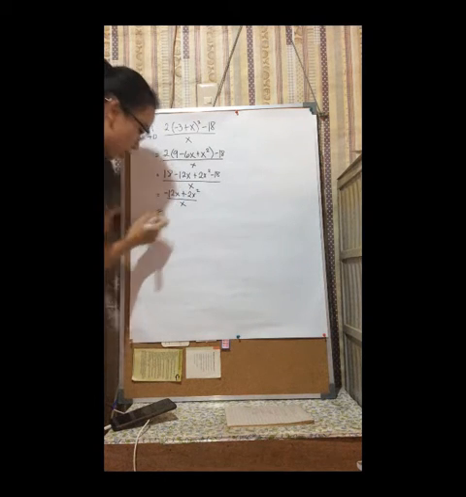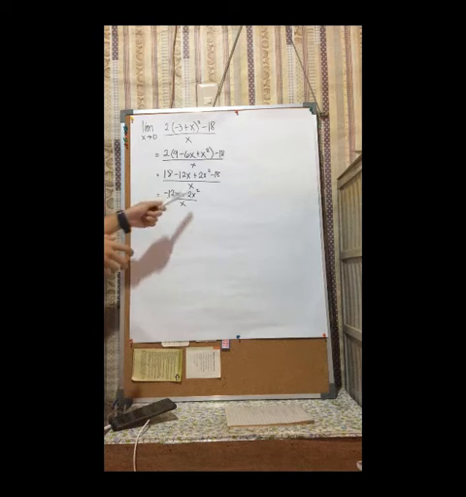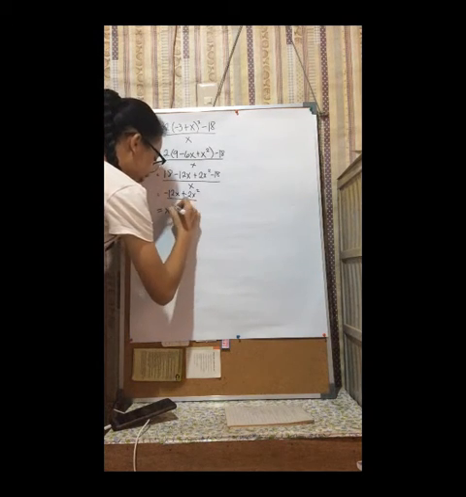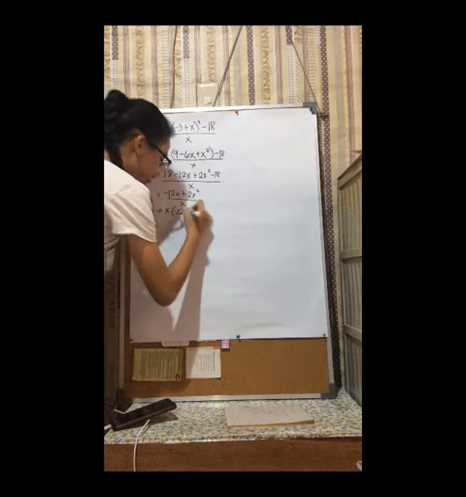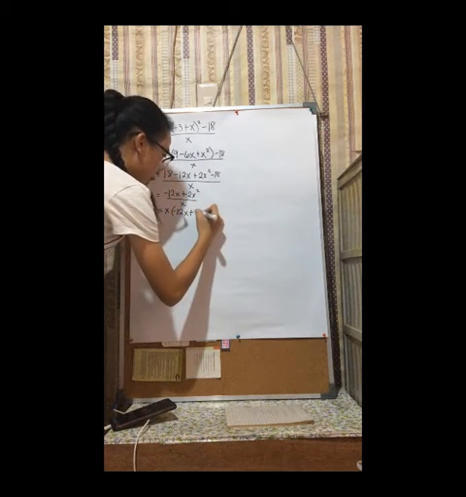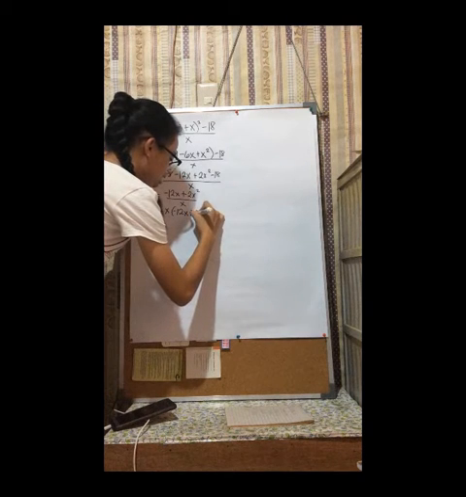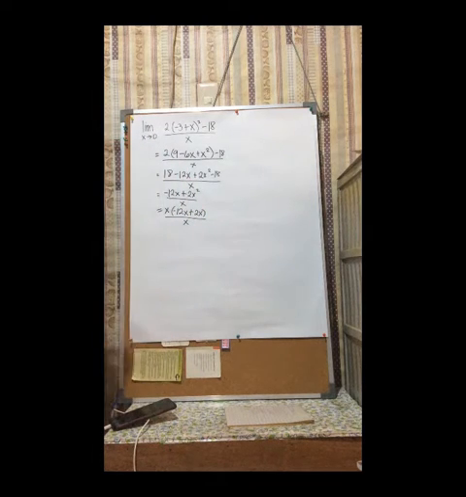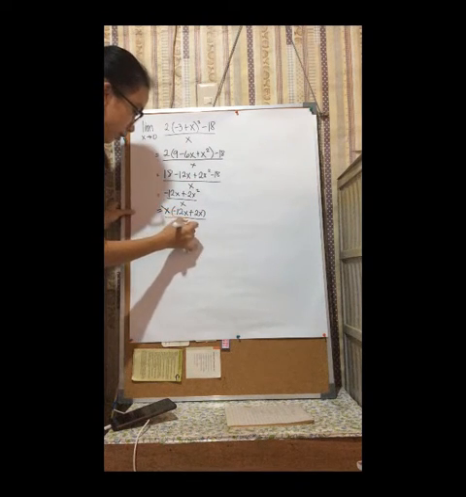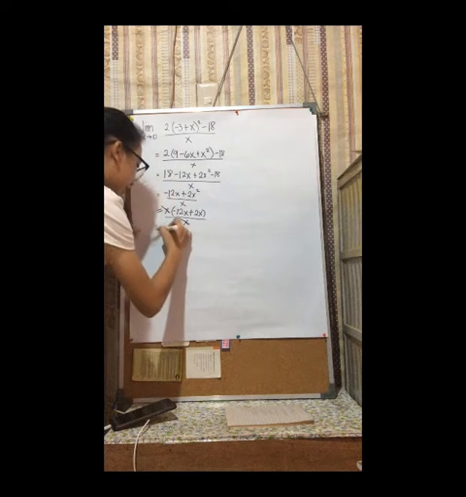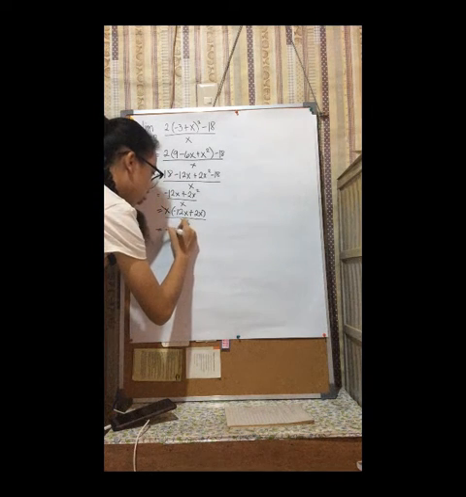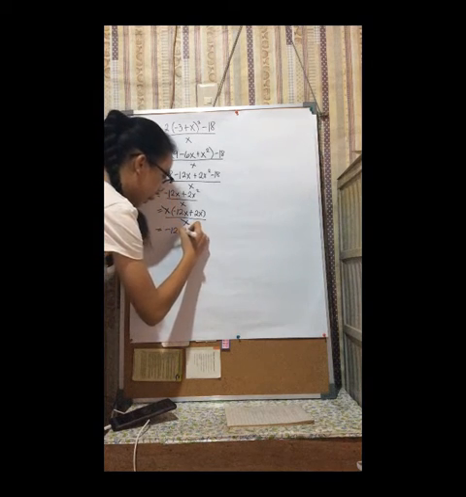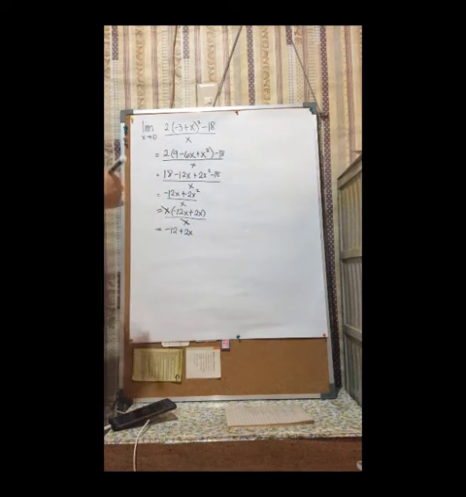Next we're going to factor out x in this equation. So x times negative 12 plus 2x, over x. Automatically cross out x. So what's left is negative 12 plus 2x.